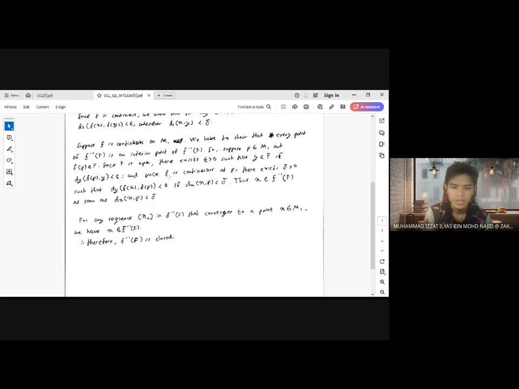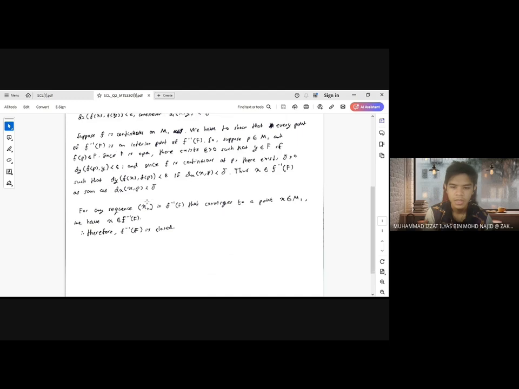And since f is continuous at p, there exists delta greater than 0 such that d2(f(x), f(p)) is less than epsilon if d1(x, p) is less than delta. Thus, x is in f inverse as soon as d1(x, p) is less than delta.